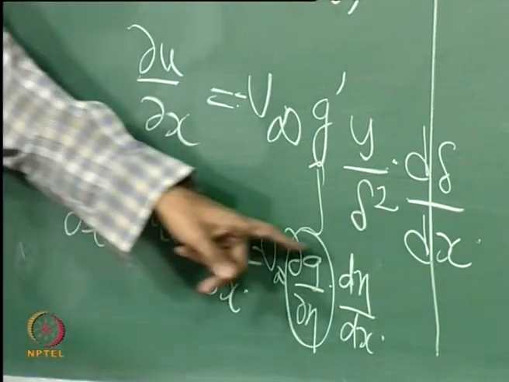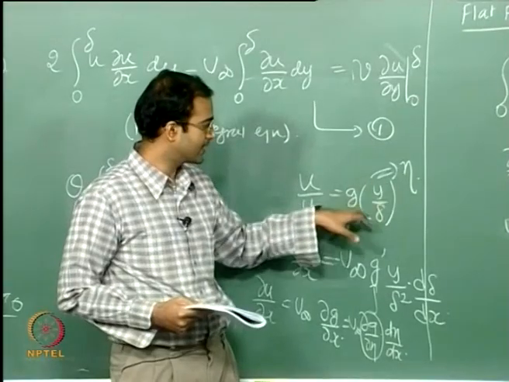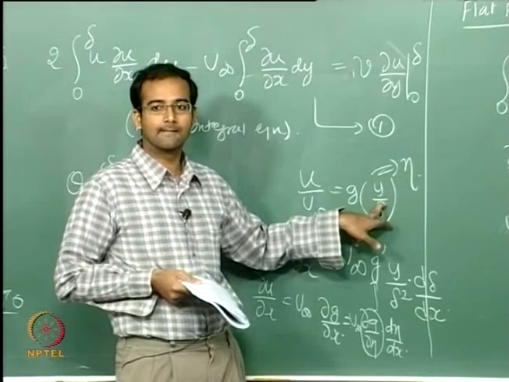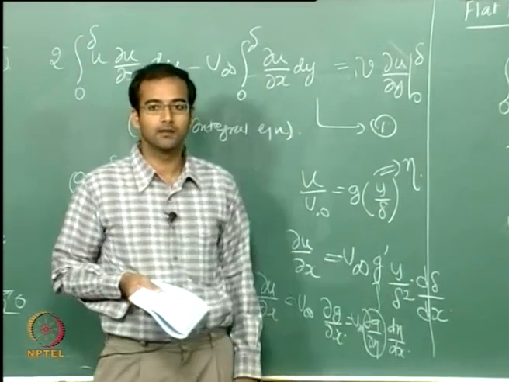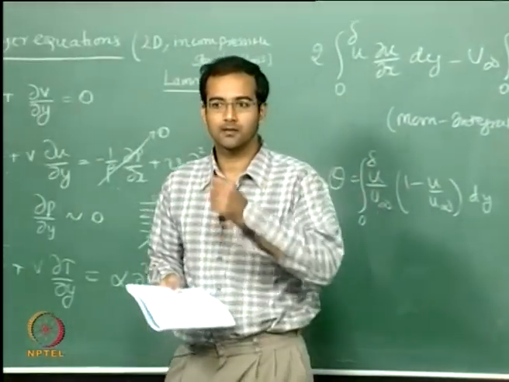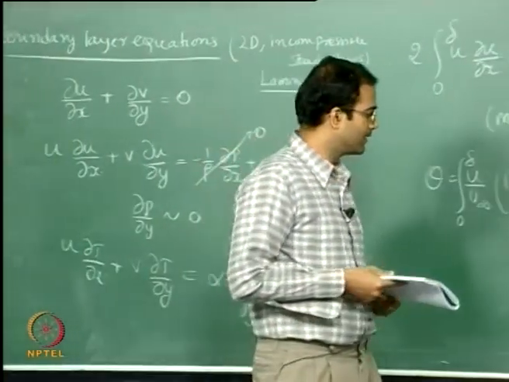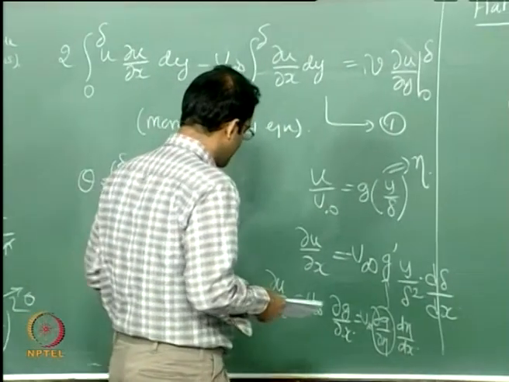And d eta/dx, so this eta is nothing but y by delta. Then you get minus y by delta square into d delta/dx. So please go back and revise your differentiation rules.